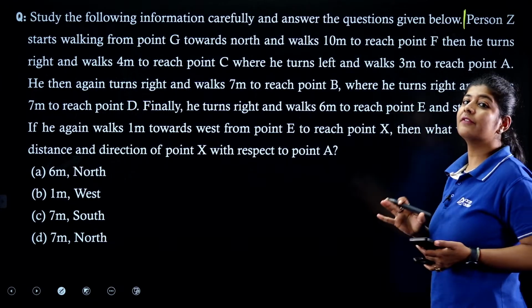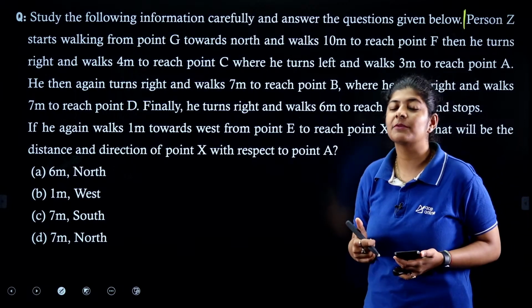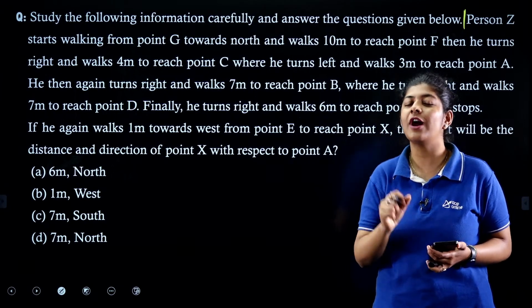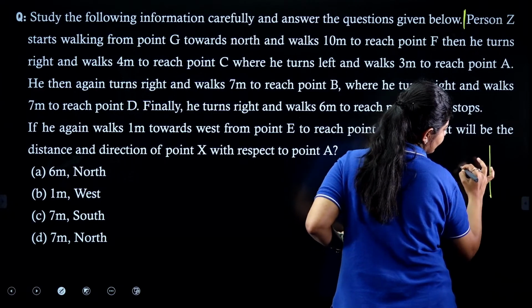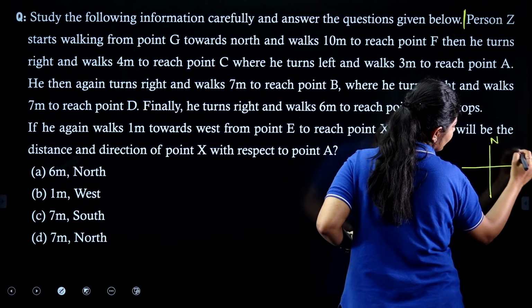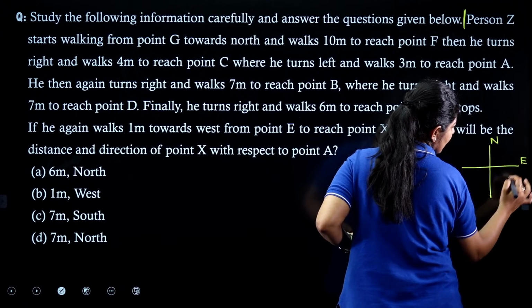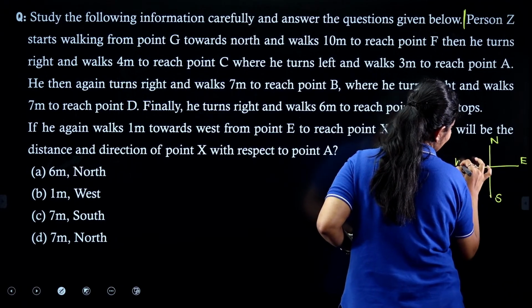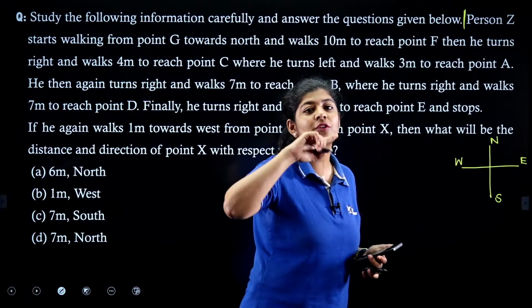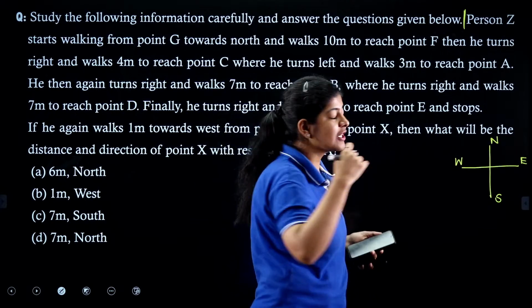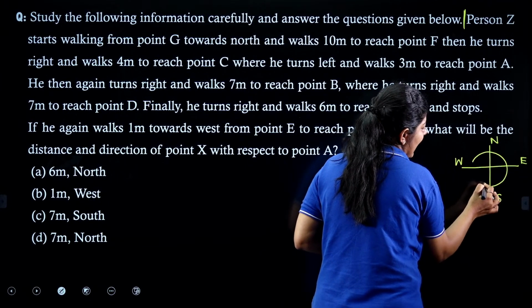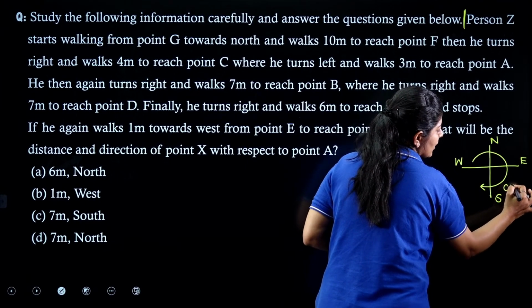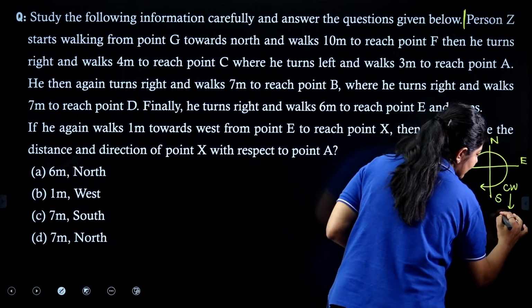Now we know that whenever we do questions from the concept of direction sense, it's better to draw a direction plane. So here I am going to draw my direction plane. This is my north, this is my east, south and west. Whenever I move in the clockwise direction, I am always taking the right turn.